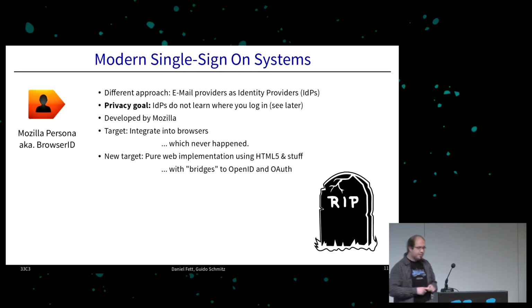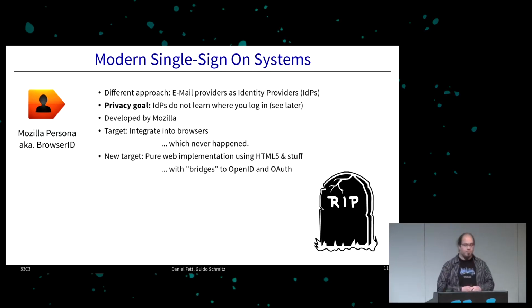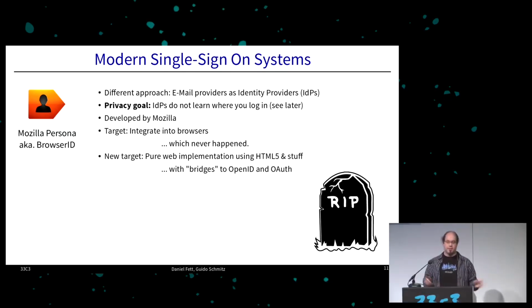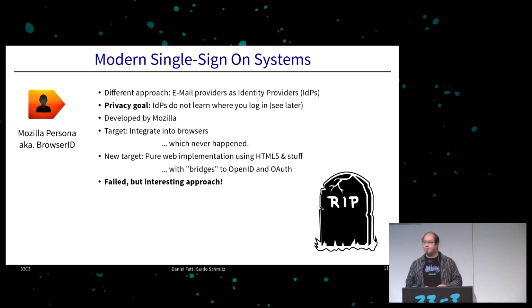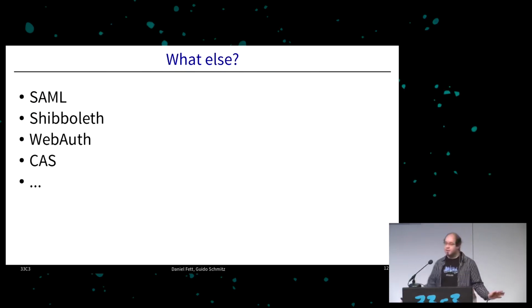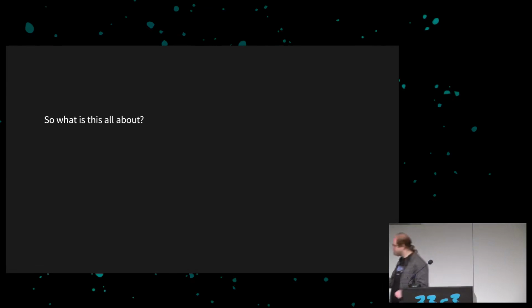And they also built bridges to OpenID and to OAuth to get some big identity providers in the system. But this whole approach failed, but it's still interesting if you want to look for privacy. Okay, there are also some other protocols I haven't talked about. And now I will hand over to Daniel.